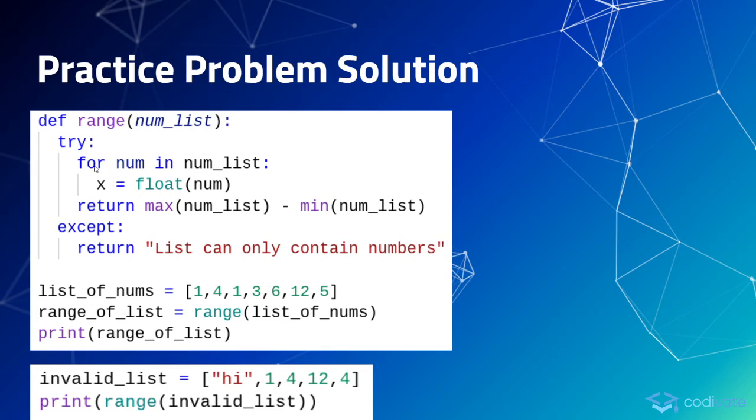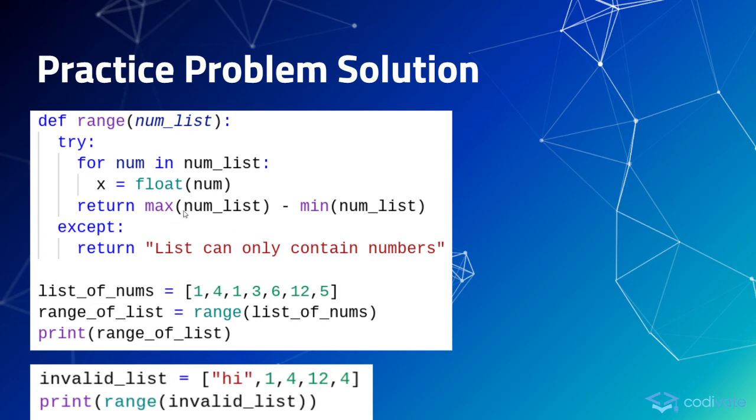If it can be cast as a float and we make it this far, that means we have a list of all numbers. And since we made it past these two lines in our try block, we return the maximum number in our list using the max function and subtract the minimum number in our list using our min function.